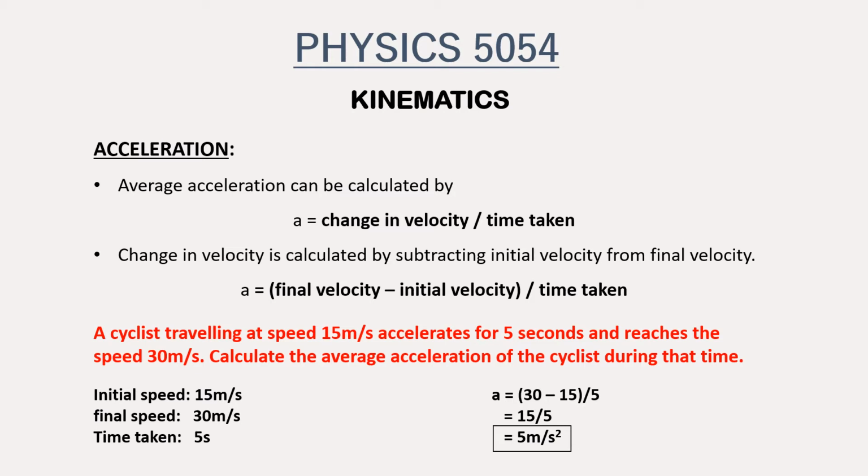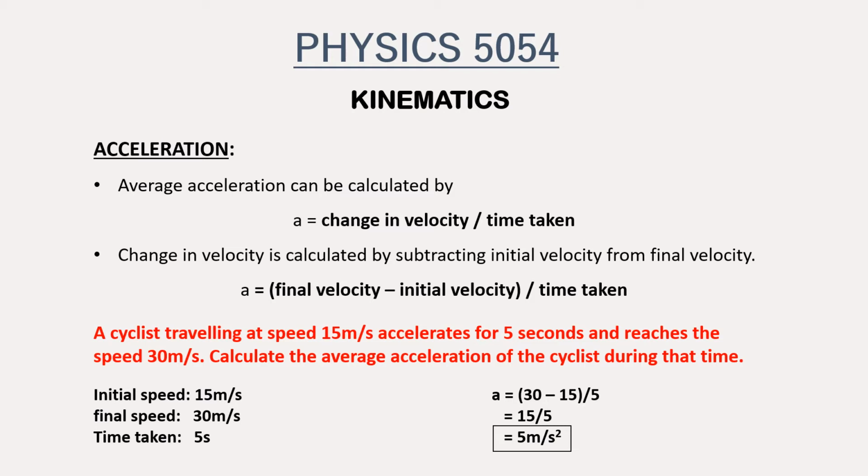The final speed that he has reached, as given in the question, is 30 meter per second. And the time it took for the cyclist to go from 15 meter per second to 30 meter per second was 5 seconds. These three quantities have been given in the question, and as we know, using these three quantities we can easily calculate the acceleration.